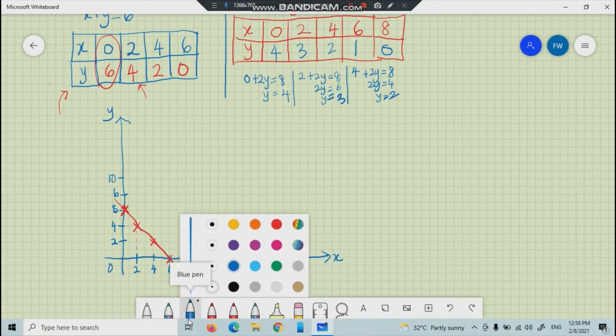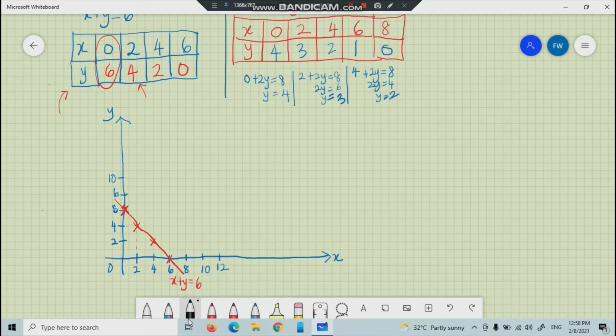So next, my second equation is 20x plus 40y, which is my red table. So x is 0, y is 4. Here, x2, y is 3. In between here, x4, y is 2.